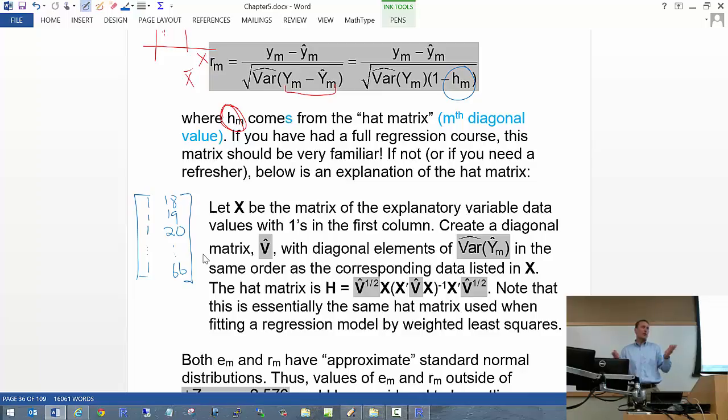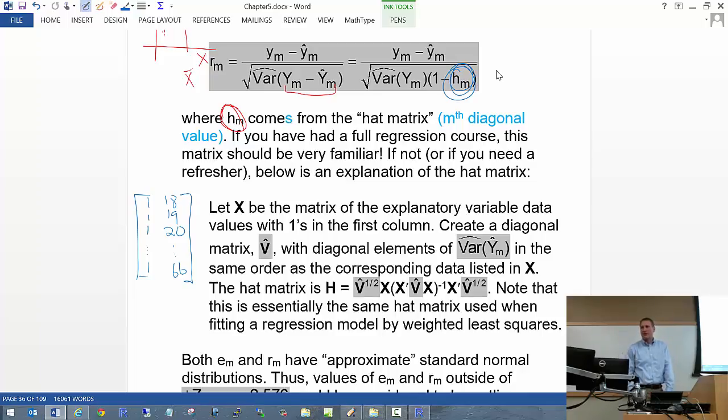That all comes from weighted least squares. One of the last things I do when I teach a Stat 870 course is talk about weighted least squares. This is a hat matrix from weighted least squares. So h_m is the mth diagonal element of H. H1 will be the 1,1 element of H. H2 will be the 2,2 element.